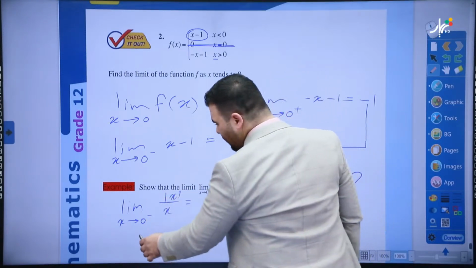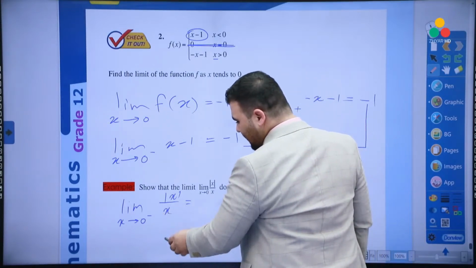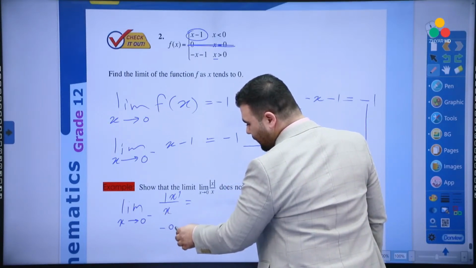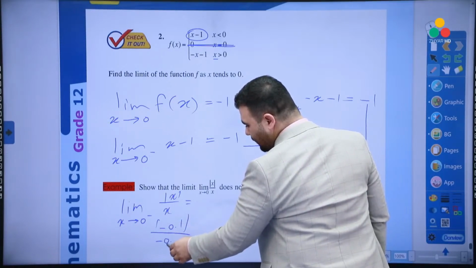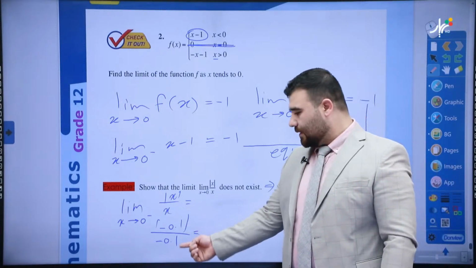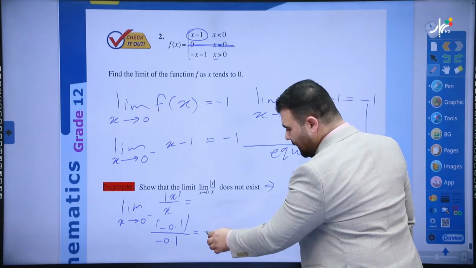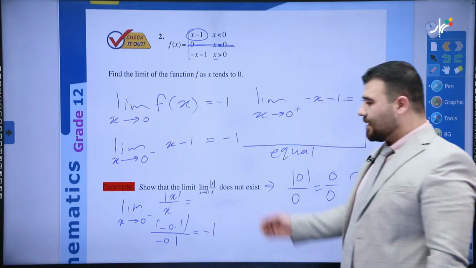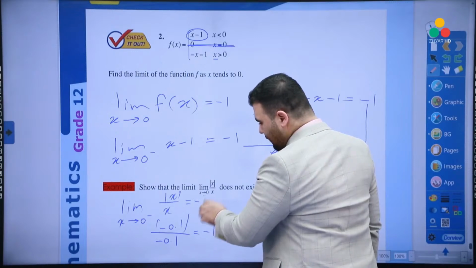Going with negative 0.1 has no problem. So as a test, we can say negative 0.1 inside absolute value over negative 0.1. This result will be positive. This one is negative. Positive divided by negative, the final answer will be negative 1. So the left limit for this function is negative 1.